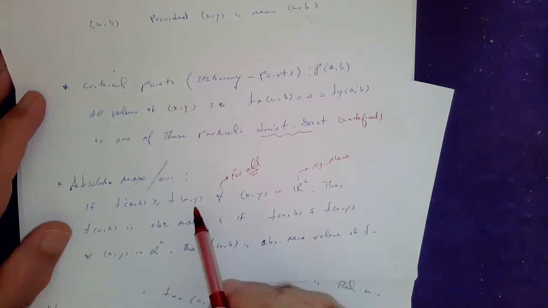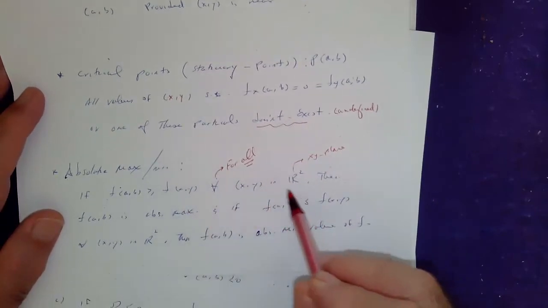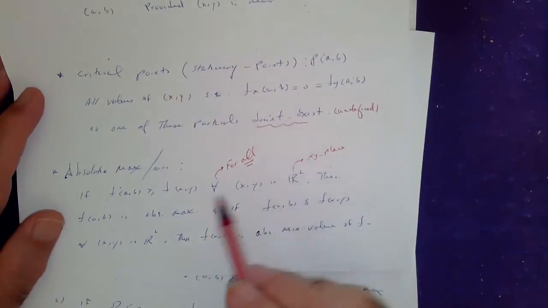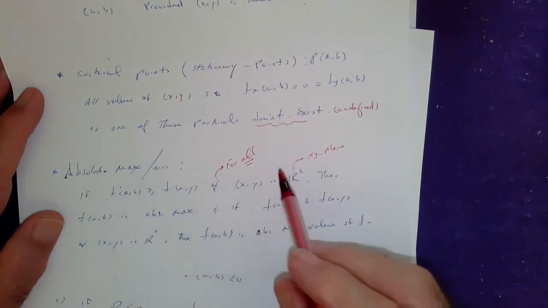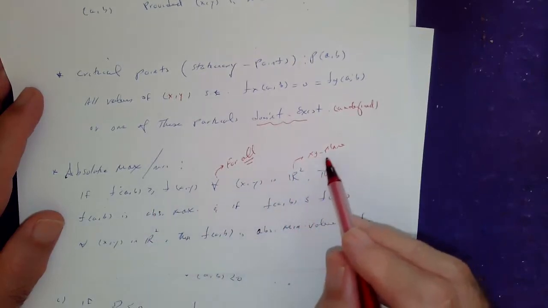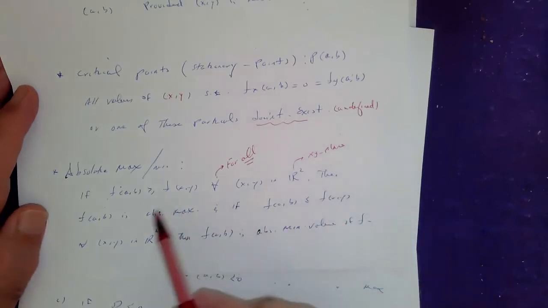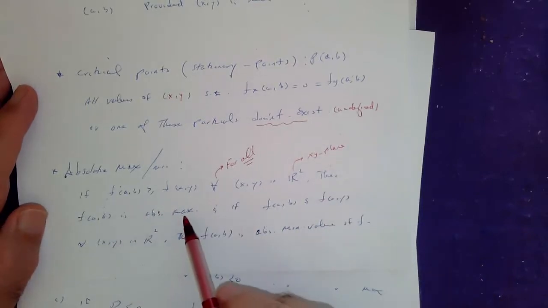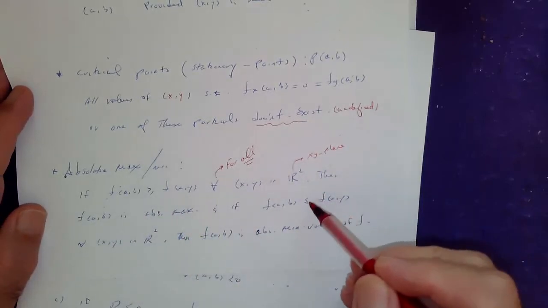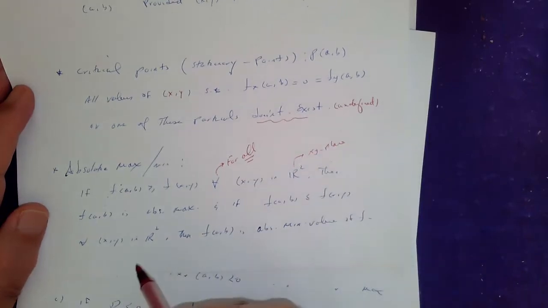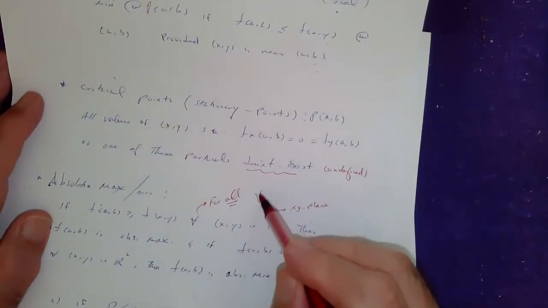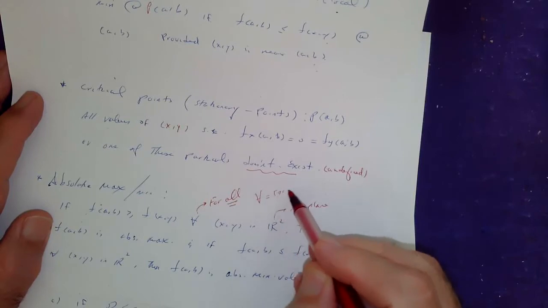So if this inequality holds for any ordered pair on the xy plane, not just the ones nearby a, b, then f of a, b is the absolute maximum. Otherwise, it is the absolute minimum if it is less than or equal to for all. Incidentally, this notation in the land of mathematics means for all.